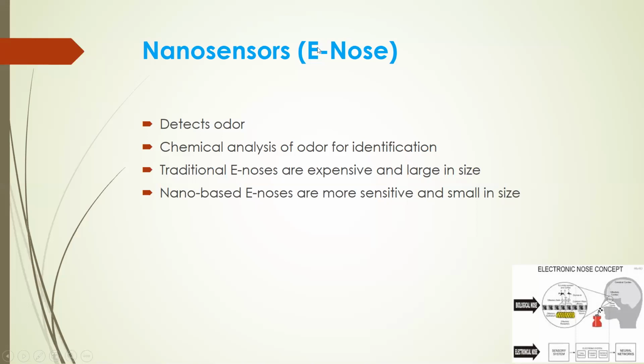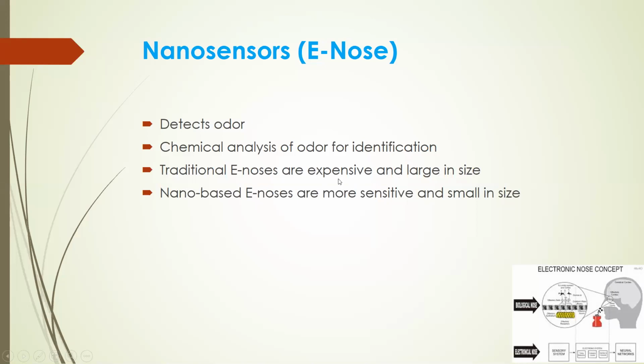Electronic noses, as I already discussed, are being used commercially and have been used for many years now. The traditional electronic noses are now being replaced by electronic noses that are more sensitive and smaller in size.